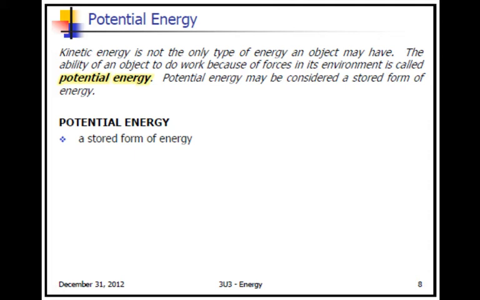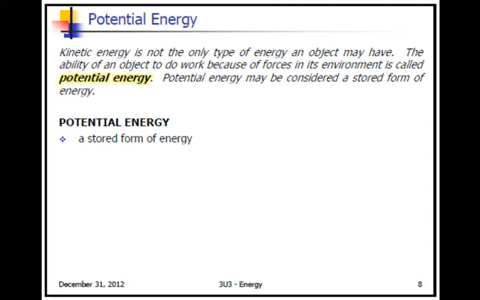I guess specifically that's gravitational potential energy, which is one of the most common types of potential energy we talk about. You could also have potential energy in food, for example. If you look at the nutritional facts on any type of food product that's sold in Canada, you'll see that it lists how much energy something has in joules.